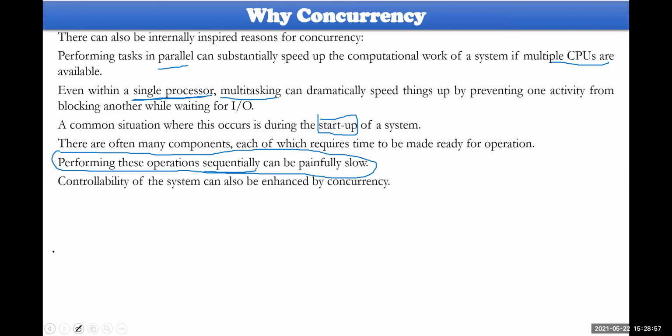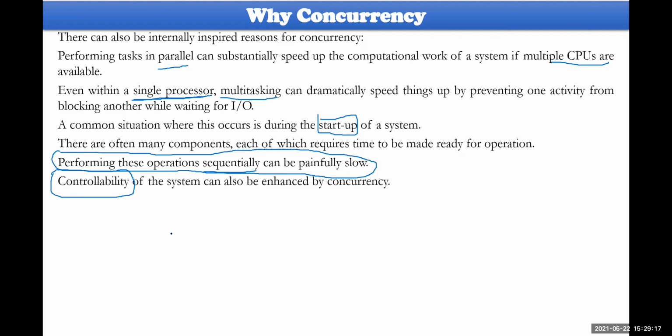Then controllability. There is a particular property of concurrency, that is controllability. Everything I am supposed to discuss will be discussed with you in the nearer future, probably in race condition, synchronization, message passing, everywhere.